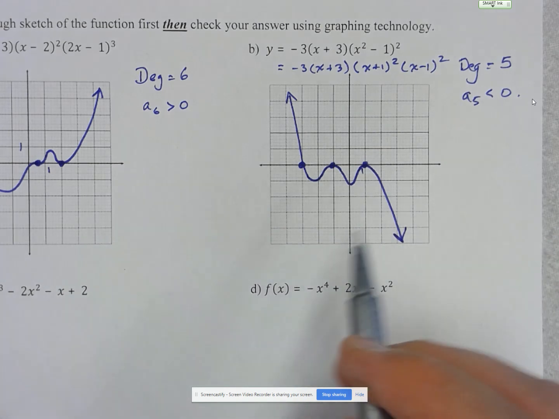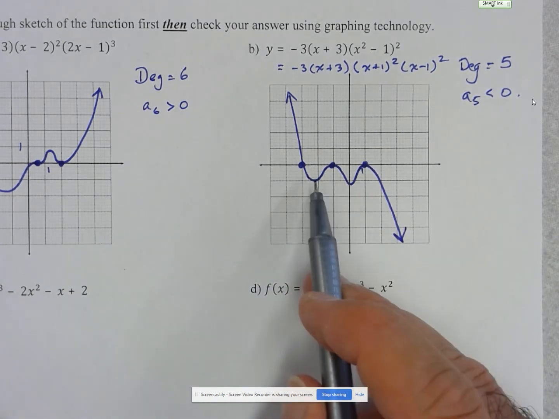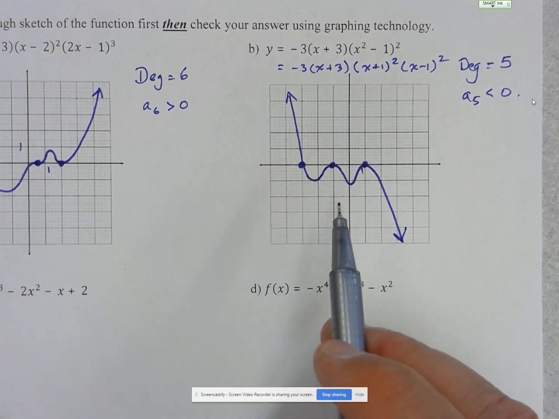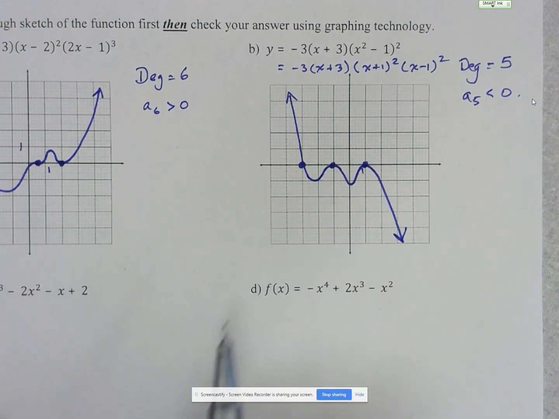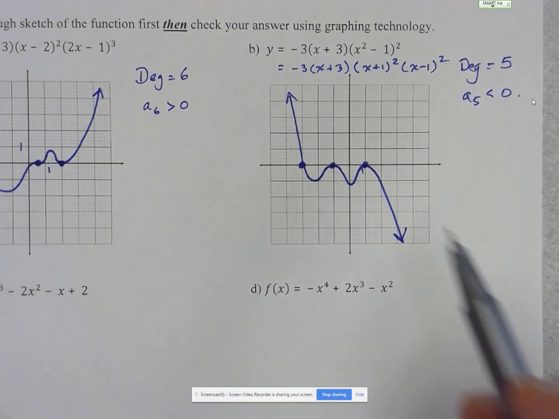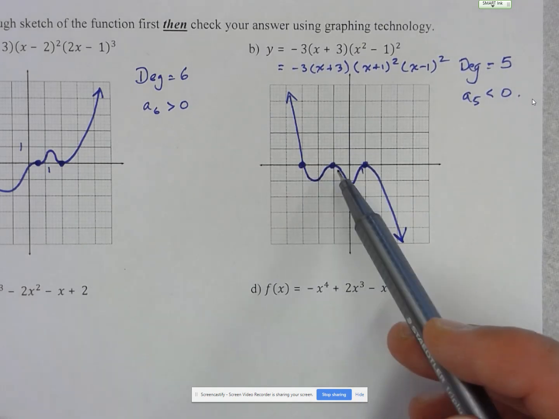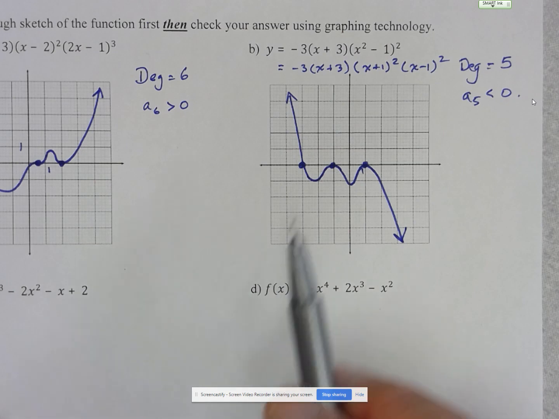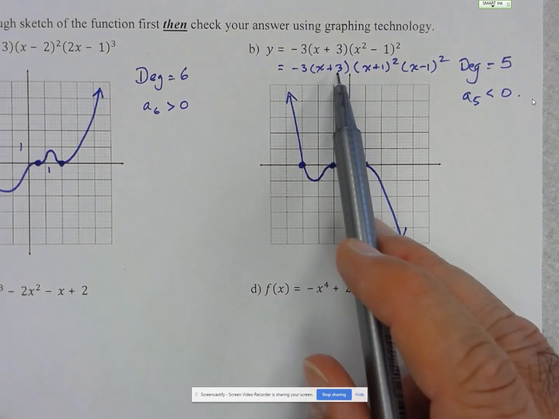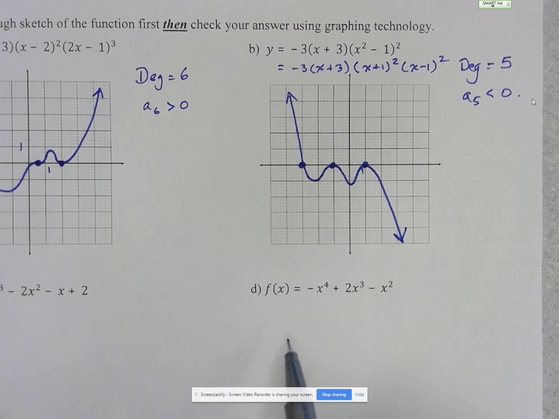Notice here, I didn't assume that it would go as far down or further down. I don't know. So this is something that for now, we're going to leave for later on, as to what's happening with these local maxes and mins. What I'm interested in is the general shape of the graph and how the function behaves near the x-intercepts. So an order 1 intercept and 2 order 2 intercepts. And so this is a decent graph for what I'm trying to draw.